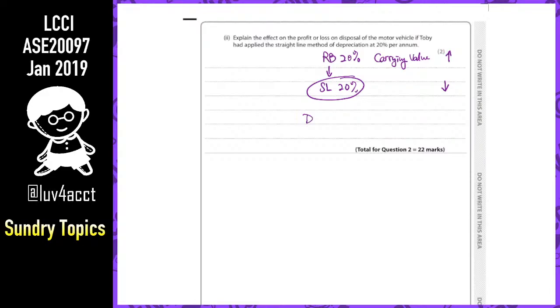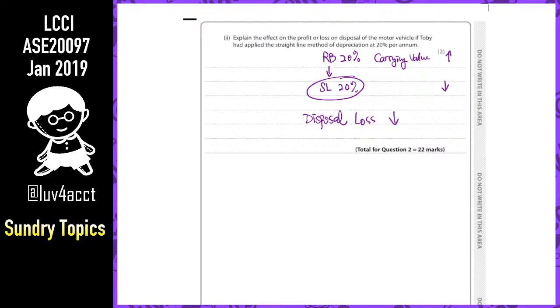That means our disposal gain or loss, if it is 20%, then it is 40%, then it is 12,000. Your disposal loss will be lower.